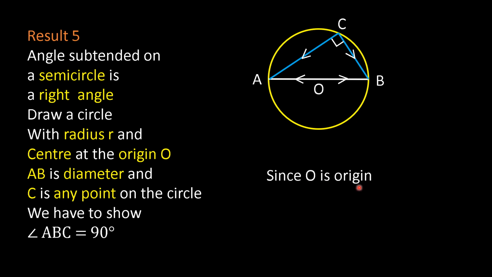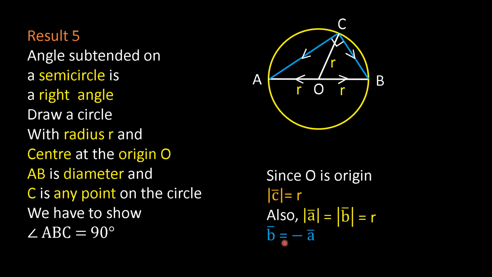Since O is the origin, mod C bar will be R. Also, mod A bar will be equal to mod B bar, equal to R each.